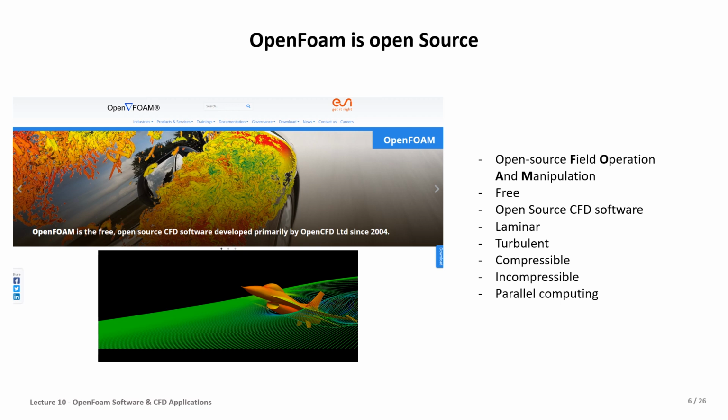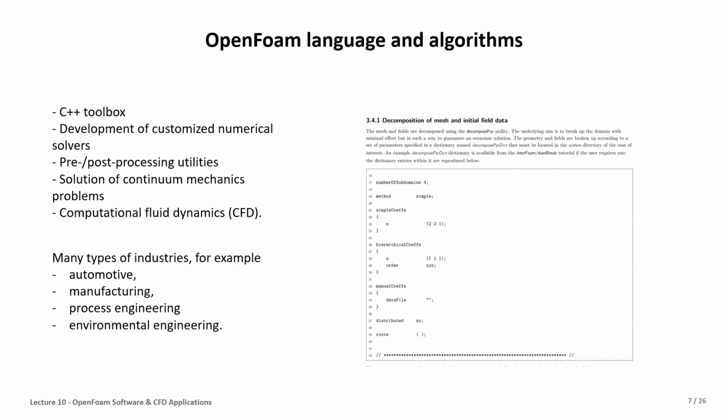However, it's relative to the computing power of the system. Regarding its language, it's a C++ toolbox, and it's capable of customizing the numerical solver. It has pre- and post-processing utilities.